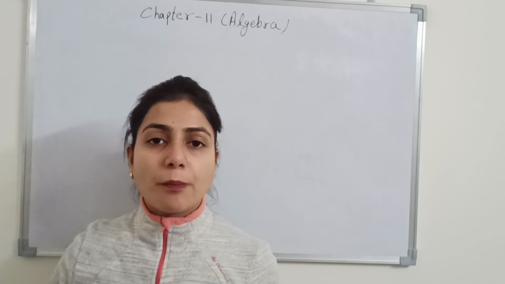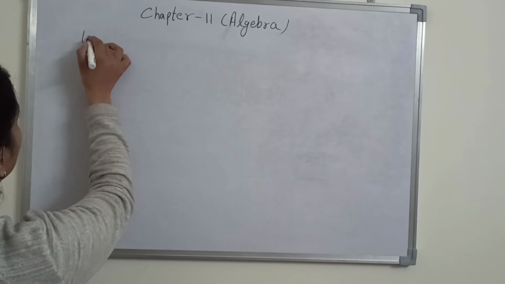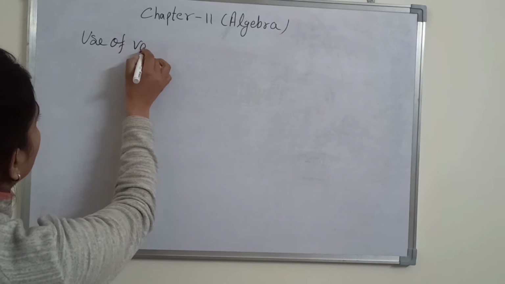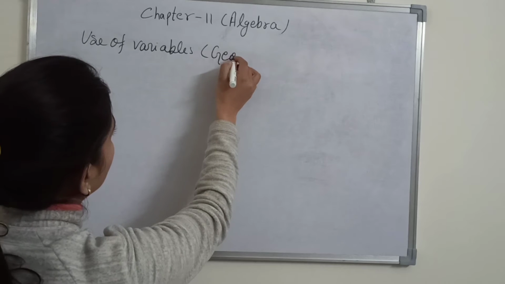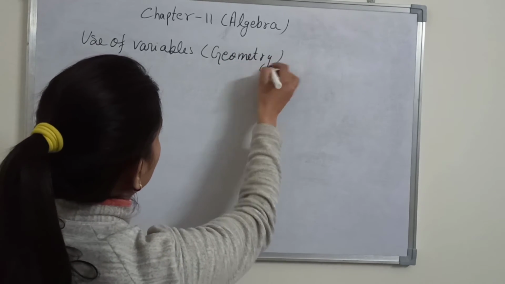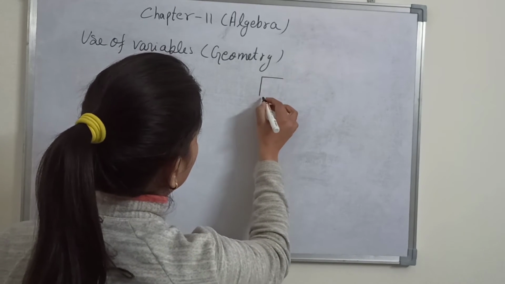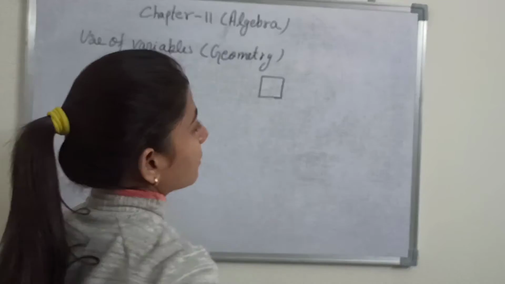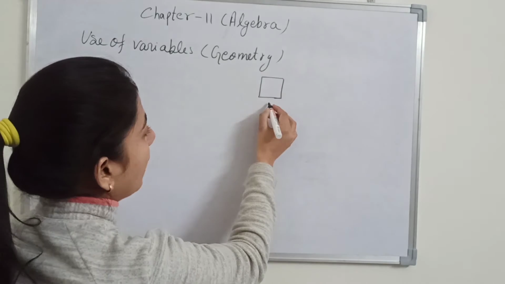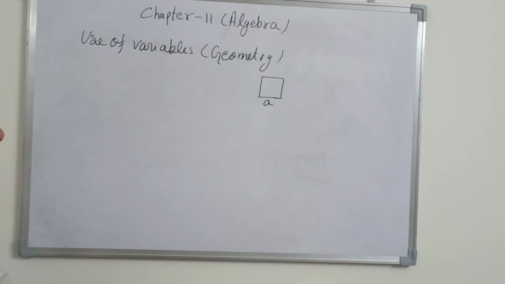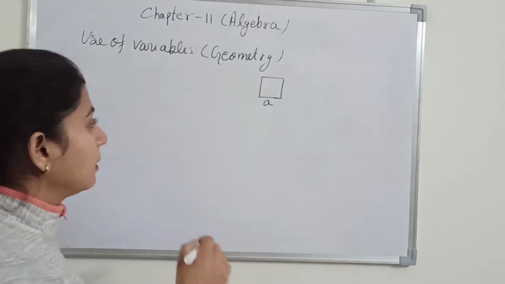Now our new topic is use of variables in geometry. So how can we use variables in geometry? Suppose that here I am taking one square. This is a square because all its sides are equal, and I am taking its side as A. You know the perimeter is the sum of all sides.